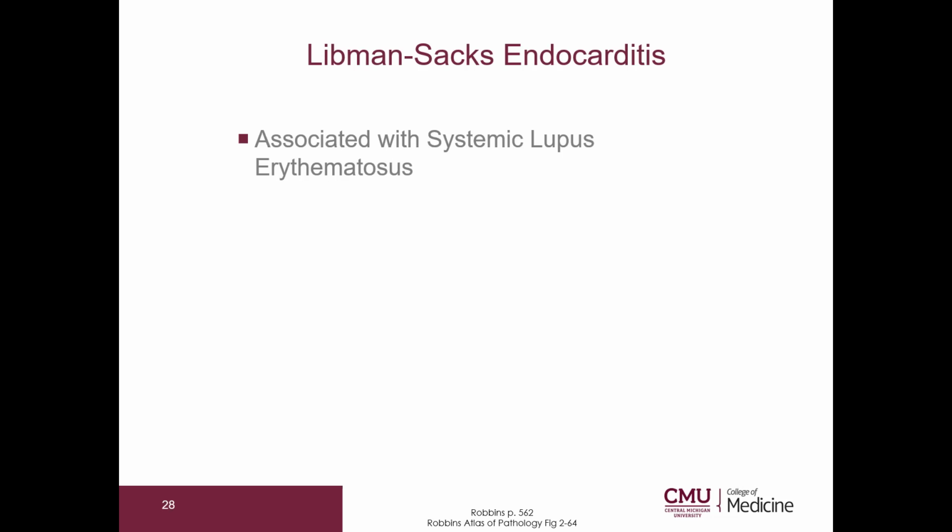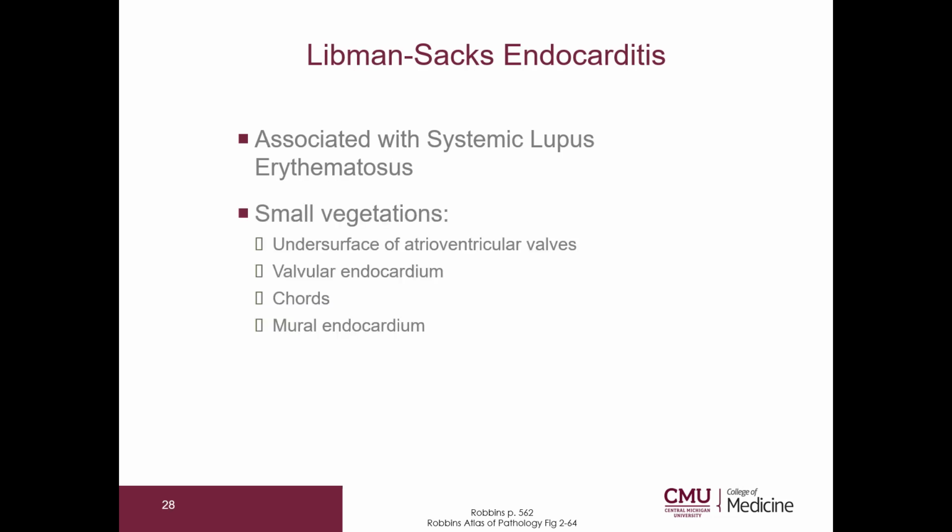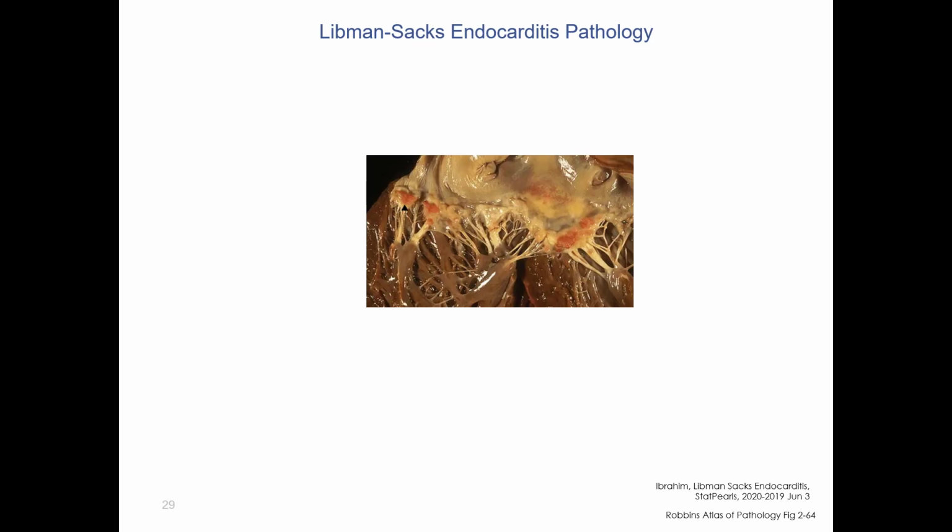This is associated with lupus. This is composed of small vegetations which may occur on the undersurface of atrioventricular valves, valvular endocardium, chordae tendineae, and mural endocardium. Let's go on and look at a picture of the pathology. Here is our heart. First of all, let's orient ourselves. Here is the left atrium. Here is the left ventricle.